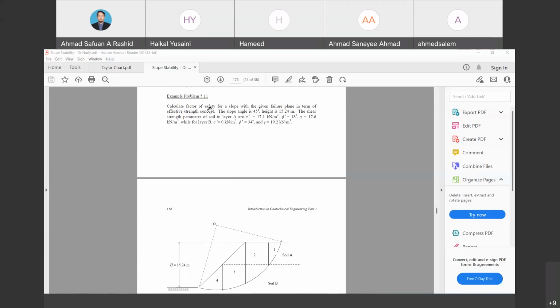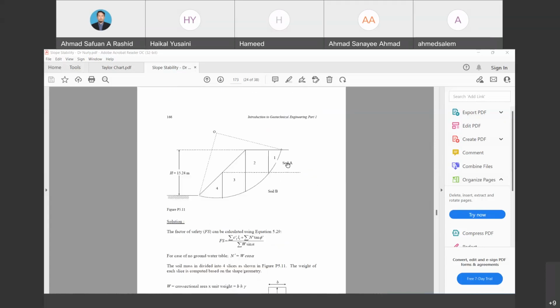Calculate the factor of safety for a slope with a given failure plane in terms of the effective strength concept. The slope angle is 45, height is 15.24. The shear strength parameters of soil layer A are C 17.1, phi 18, gamma 17.6, while for layer B, C is equal to 0, phi is equal to 24, gamma is equal to 19.2. So what is the factor of safety value?